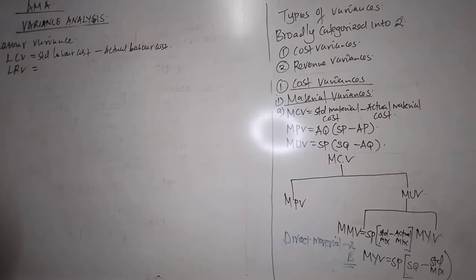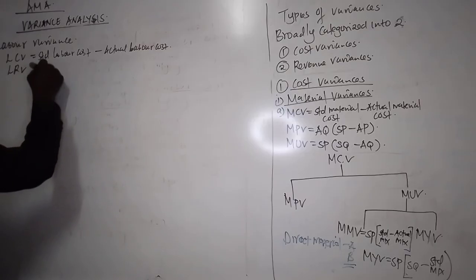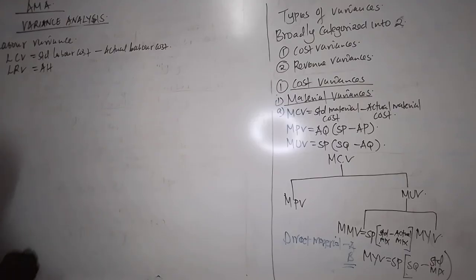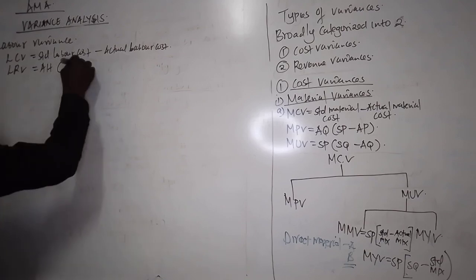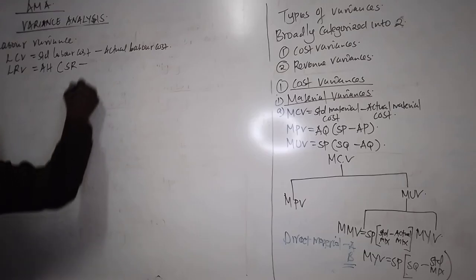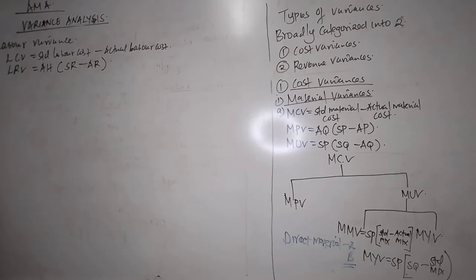How do we compute the labor rate variance? The labor rate variance will be given by the actual hours into the standard rate per hour, then you raise the actual rate per hour.